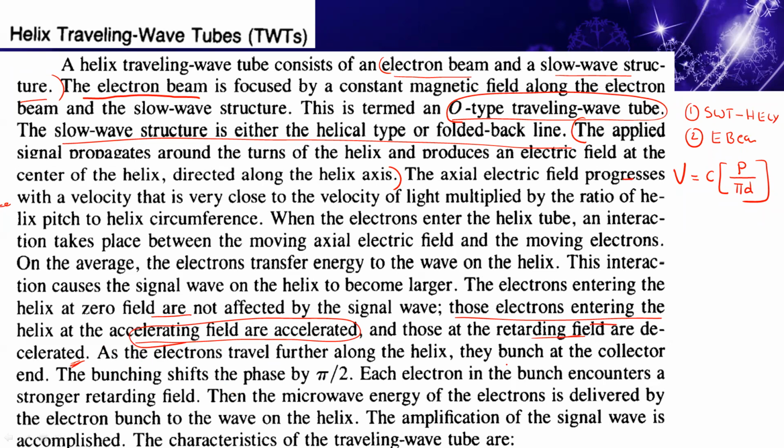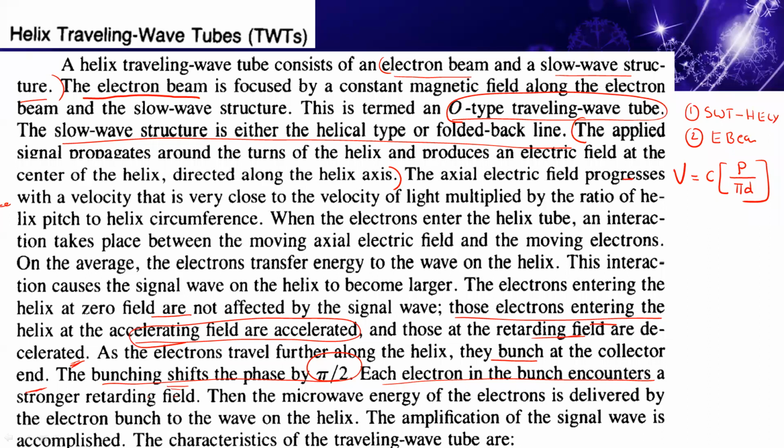Clear? Therefore, at the collector, bunches of electrons are formed, and all these bunches are shifted by pi by 2. Each electron in the bunch encounters a stronger retarding field. So microwave energy is delivered by this electron bunch. Therefore the amplification process can be accomplished.